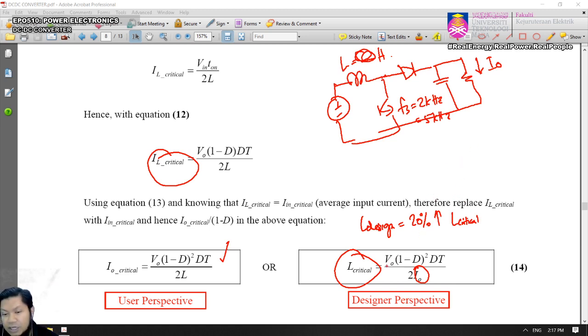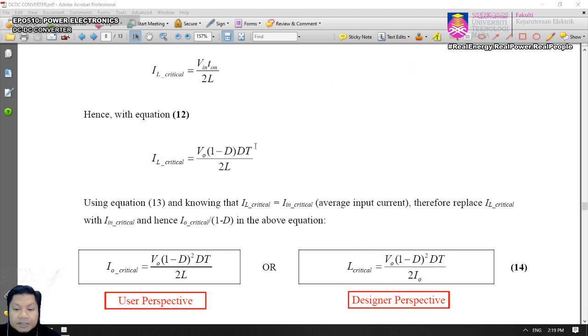They try to find the minimum critical L, and then in the final design, it will be 20% larger than that L critical, to avoid the discontinuous operation of the boost or buck converter or the DCDC converter. Right, so it's straightforward there.